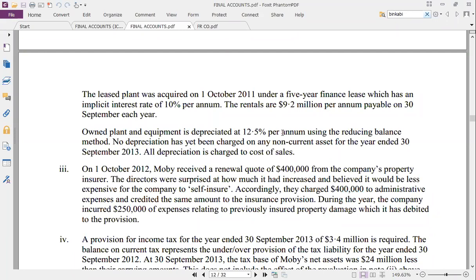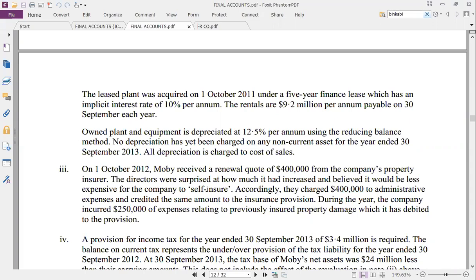Now, on October 1st, 2012, Mobi received a renewal quote of $400,000 from the company's property insurance. The directors were surprised at how much it had increased and believed it would be less expensive for the company to self-insure.